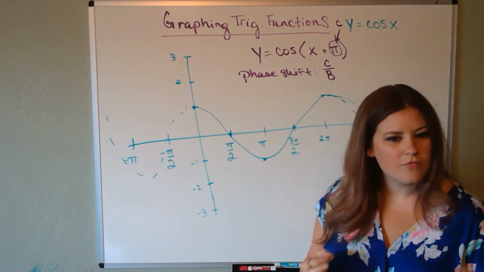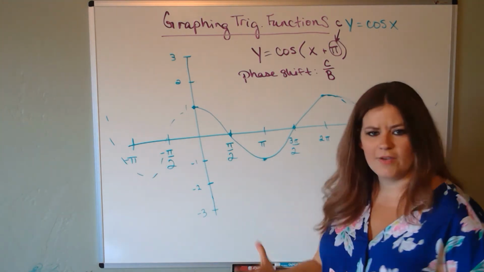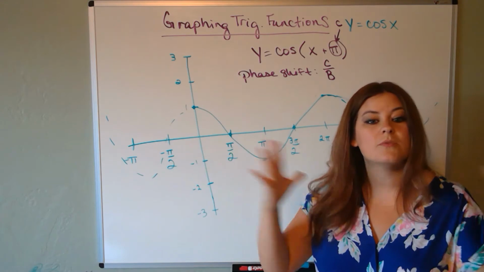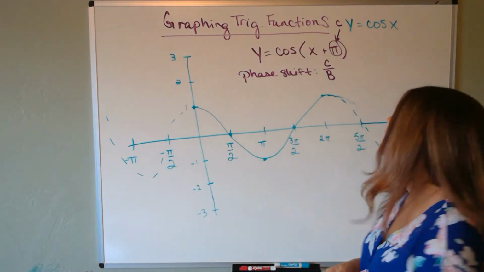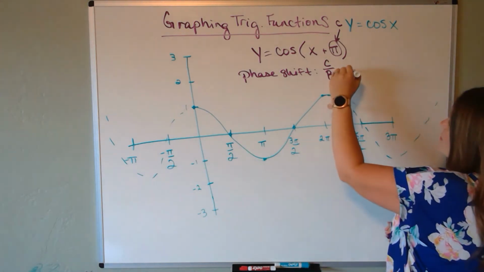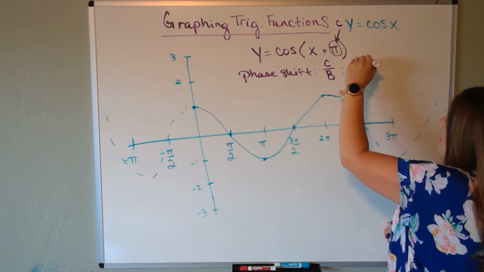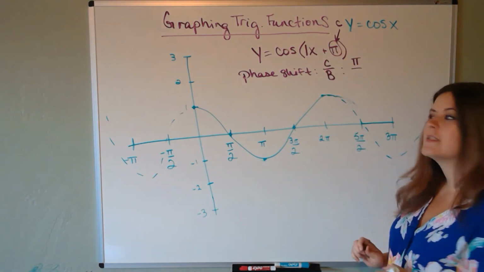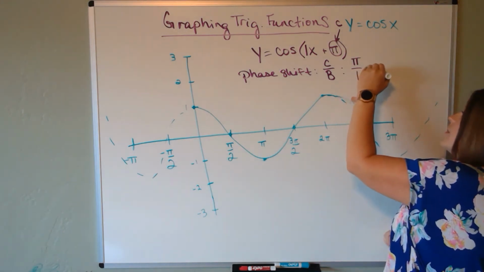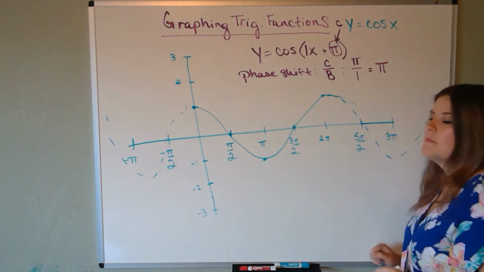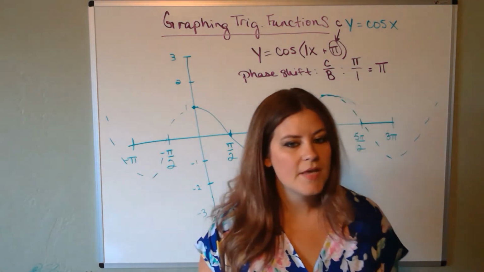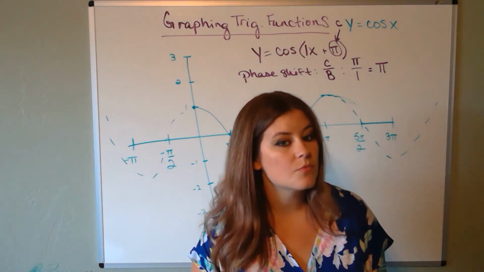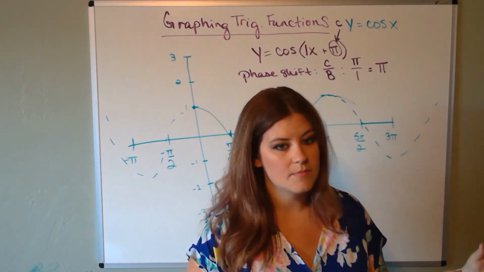Notice we have that over b again. We're always dividing by that b value anytime we're doing some horizontal change. So in this case, our c over b would be pi over, well, isn't b just 1 in this example? So it would be pi over 1. So I would say my phase shift is pi, but that is not enough to tell me which direction, right or left, I'm going to go.